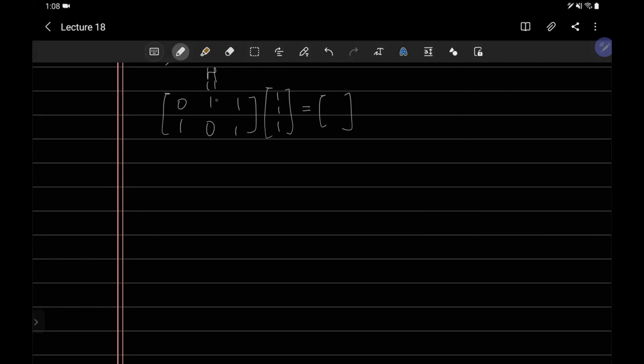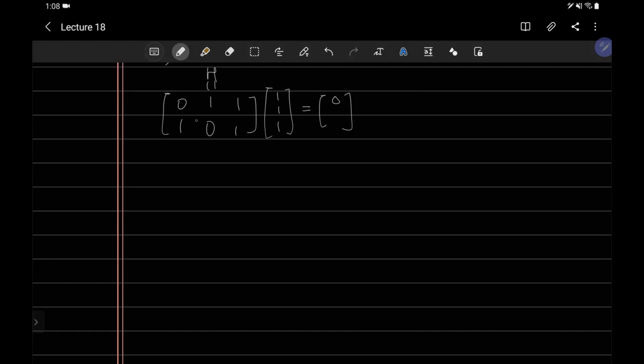If we multiply this row and this column, then 0 times 1 is 0, but 1 times 1 is 1, and another 1 times 1 is 1. The addition of 1 plus 1 is 2. However, because we are only considering modulo 2 addition, the result is 0.